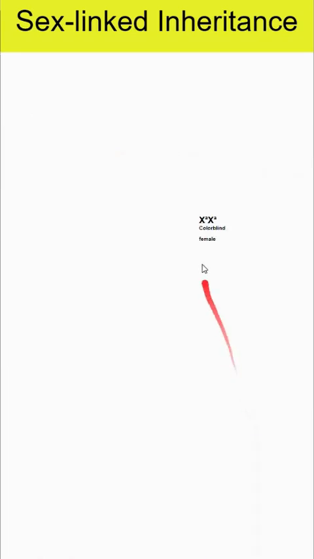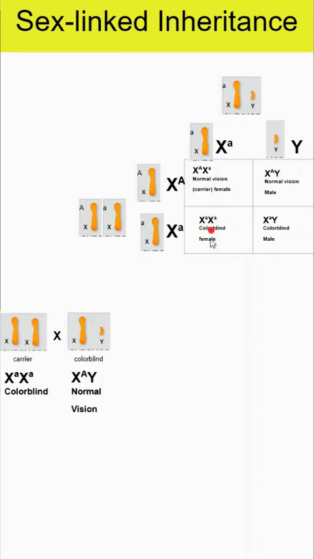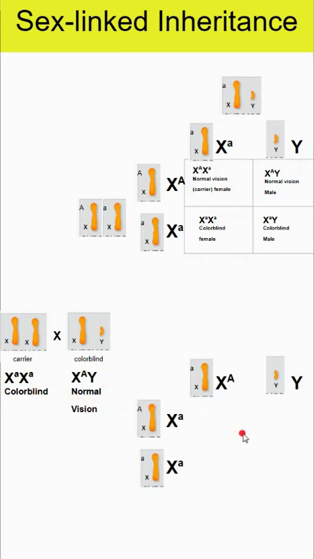So how do females get colorblind? Dad has to be colorblind, and mom has to at least be a carrier. If mom's a carrier and dad's colorblind, you can end up with a colorblind female. Now, if mom is colorblind, it is a 100% guarantee that her sons will be colorblind.